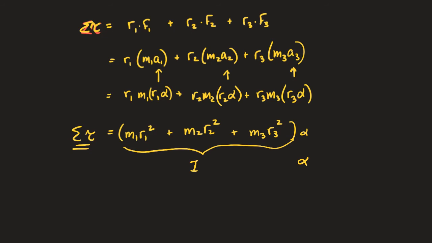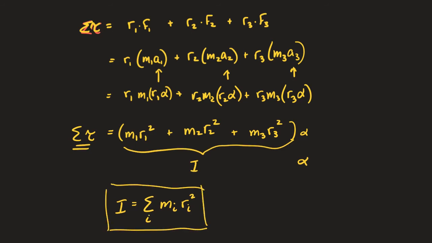It is also a proof that the moment of inertia is equal to the sum of individual masses and their distance away from the axis of rotation squared. This is the point mass definition of moment of inertia, proven to you by looking at point masses.